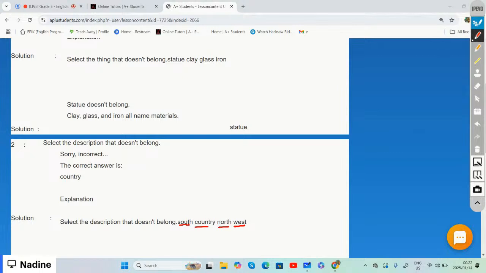We need to select the word that doesn't belong. We have south, country, north, and west.